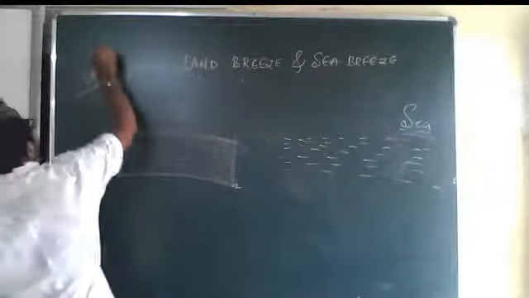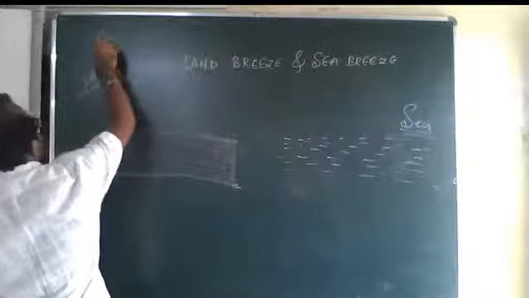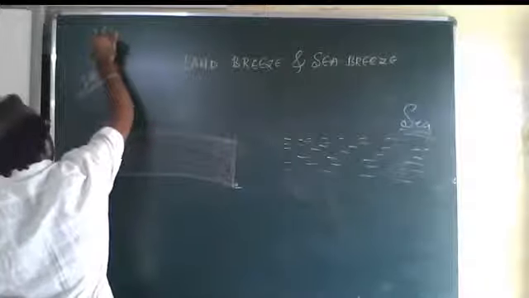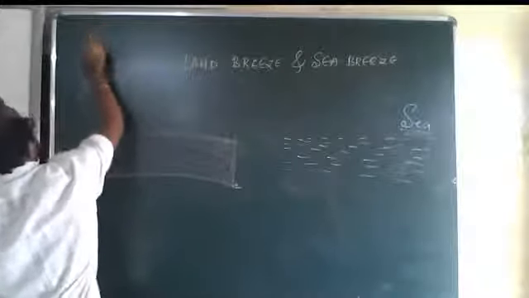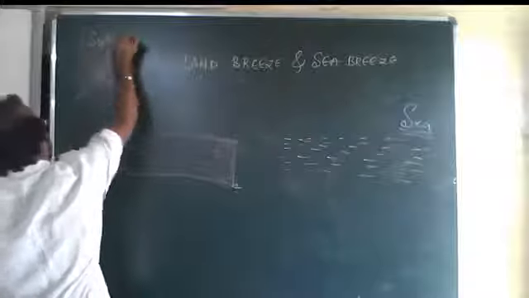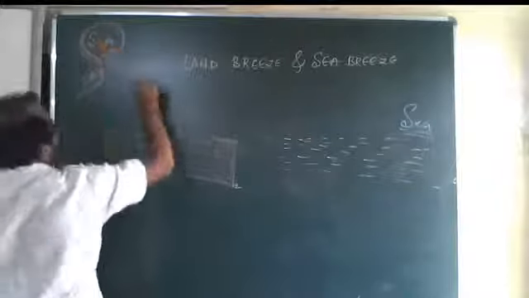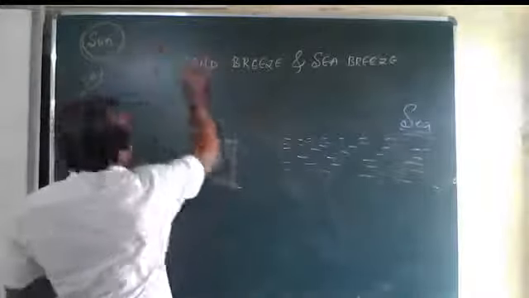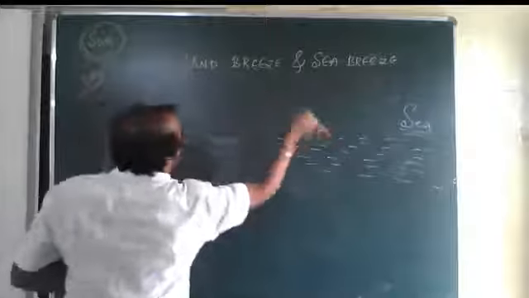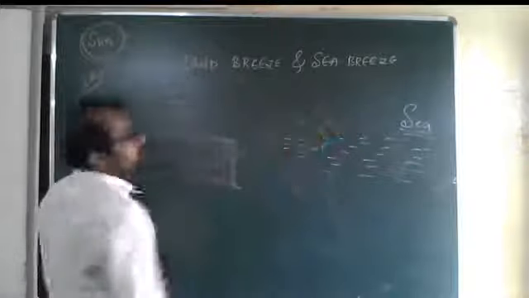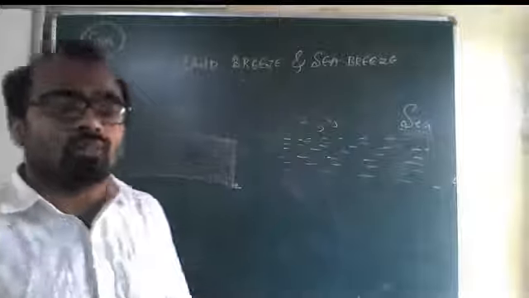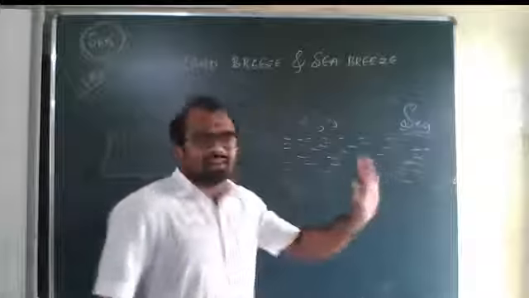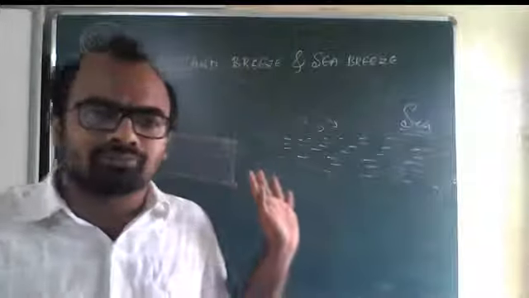For example, if I take the sun here, the rays are coming here, and the same rays are going there also. But land heats up very quickly compared to water.